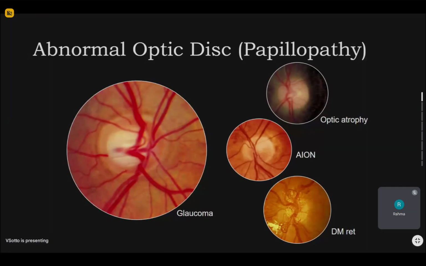Not all of it. For this, there is a superior pallor of the disc. For DM retinopathy, in some cases your disc would have neovascularizations, and presence of hemorrhage also on the disc. The nerve is somewhat crowded. There are a lot of neovascularizations present.